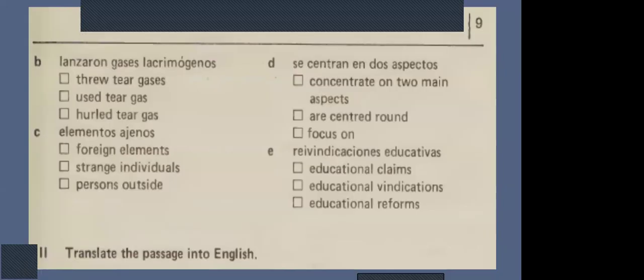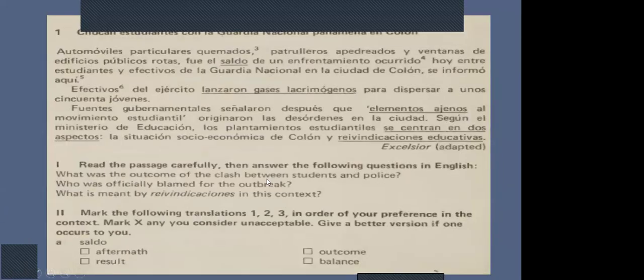Once we solve all of this, we're going to proceed to do some sight translation, right? We're going to do sight translation for the sake of saving some time. Okay, so let's get started by checking the questions, see if we could answer these questions.